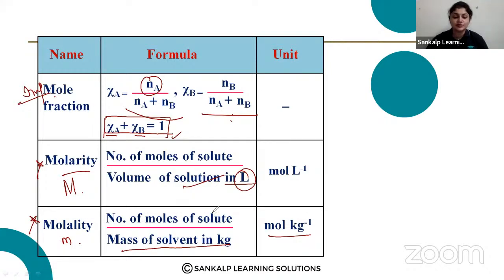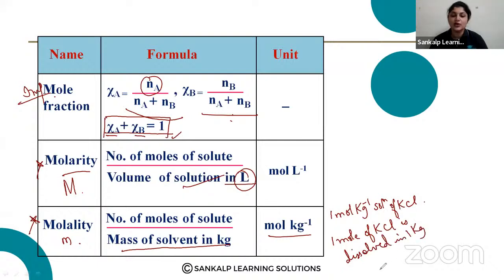This is an example of molality. For example, if I tell you 1 mole per kilogram solution of KCl, it means 1 mole of KCl is dissolved in 1 kg of water. 1 mole of KCl is equal to 74.5 grams.